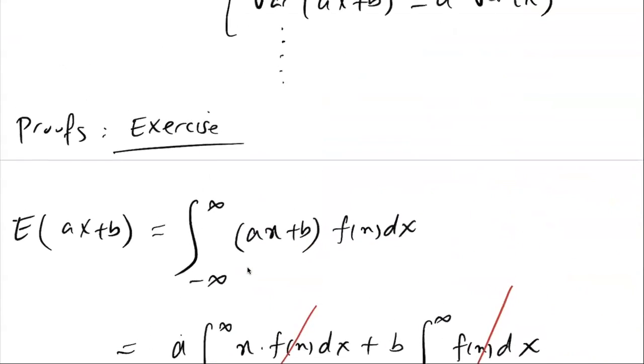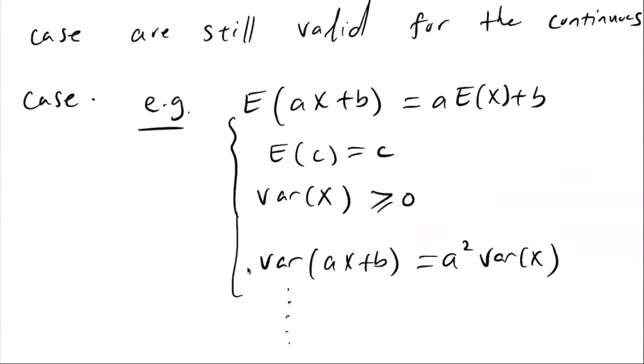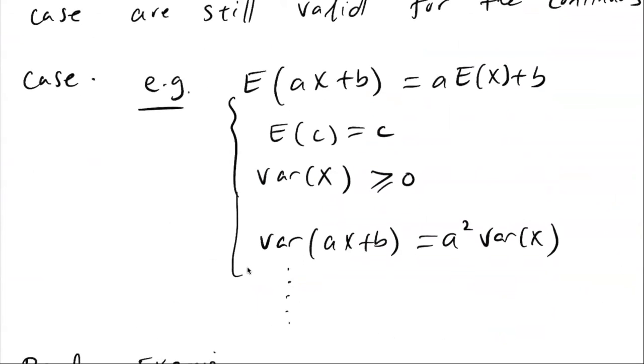So I wrote the proof of the first one so that you know how we should work with them. And please make sure you complete the rest as an exercise, the proofs of the remaining properties, which are the same properties as we saw in the discrete case.